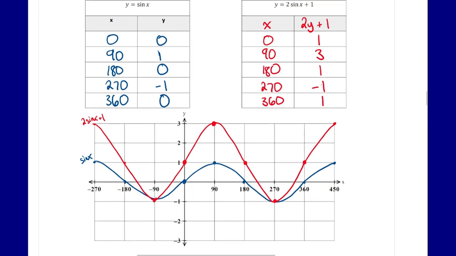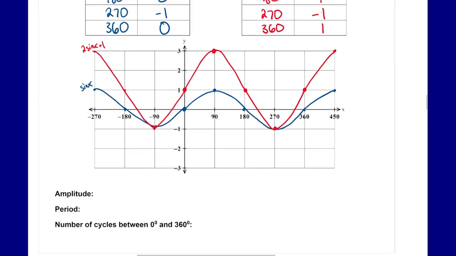Now we want to figure out our amplitude, the period, and the number of cycles between 0 and 360. The amplitude first is half the distance between the maximum and the minimum. So our maximum is going to equal 3. The minimum is going to equal -1.